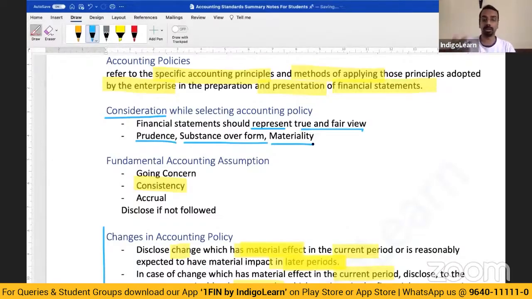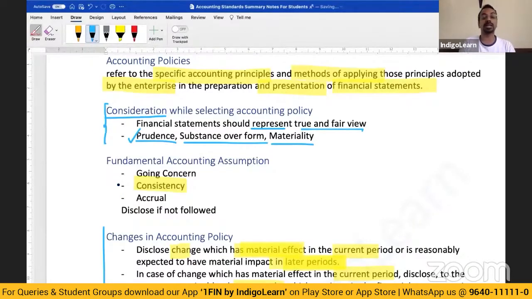In auditing, you would be referring to this concept again and again. Also, substance over form, if you look at things like accounting standard 19, which talks about substance over form, right? And prudence is more of your conservatism concept. You do not recognize gains which are not realized, but you recognize any possible losses, right?